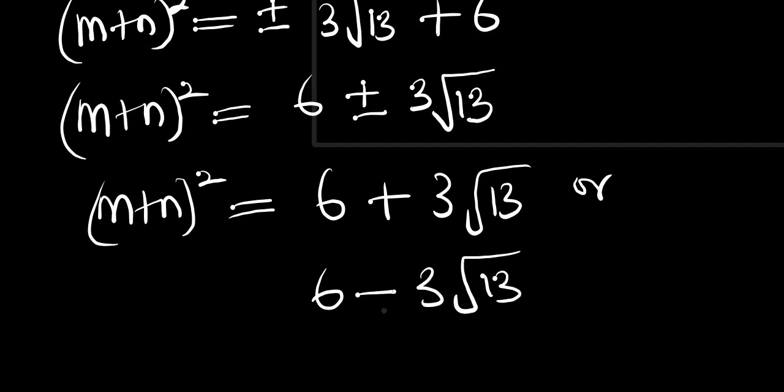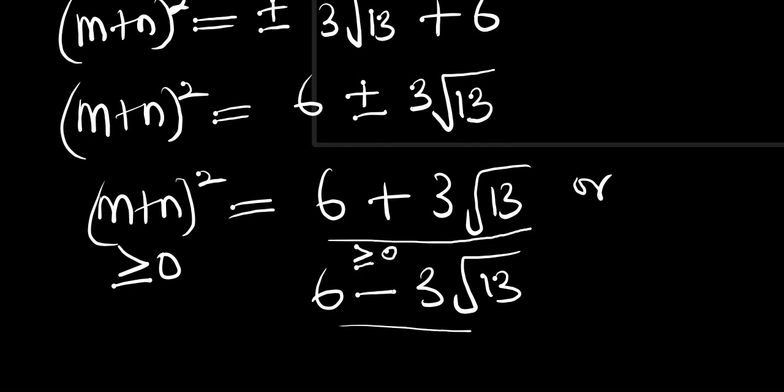Now, (m plus n) all power 2 will definitely give a value that is greater than or equal to 0. 6 plus 3 root 13 also gives a value greater than or equal to 0.